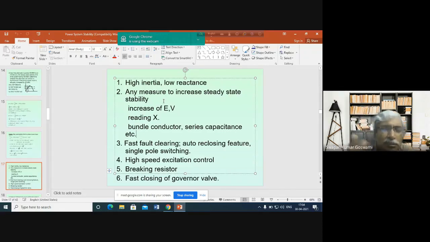Side A is closer to the generator, but side B is somewhat apart from the generator. The distance is more, but if the fault occurs before the capacitor, then the fault current will be less than the fault current that will appear in the system if the fault occurs on the other end of the capacitor. That means for a distant fault, the current will be higher than for a nearer fault.